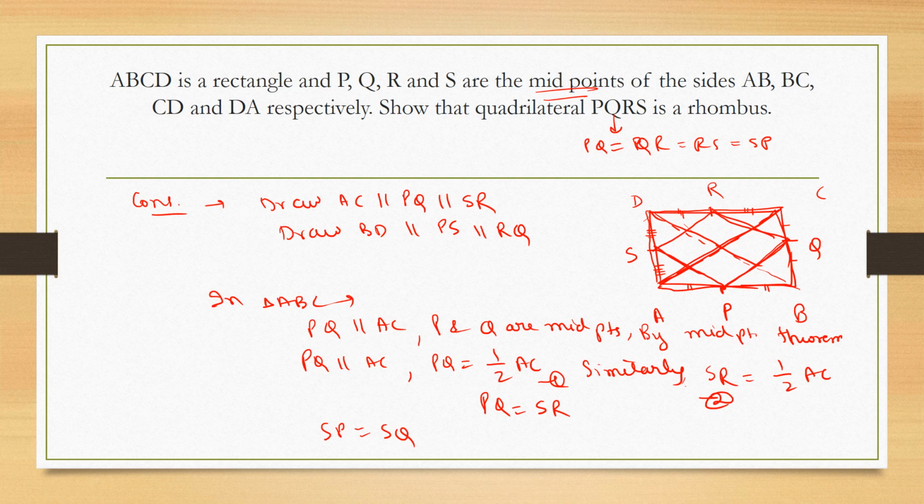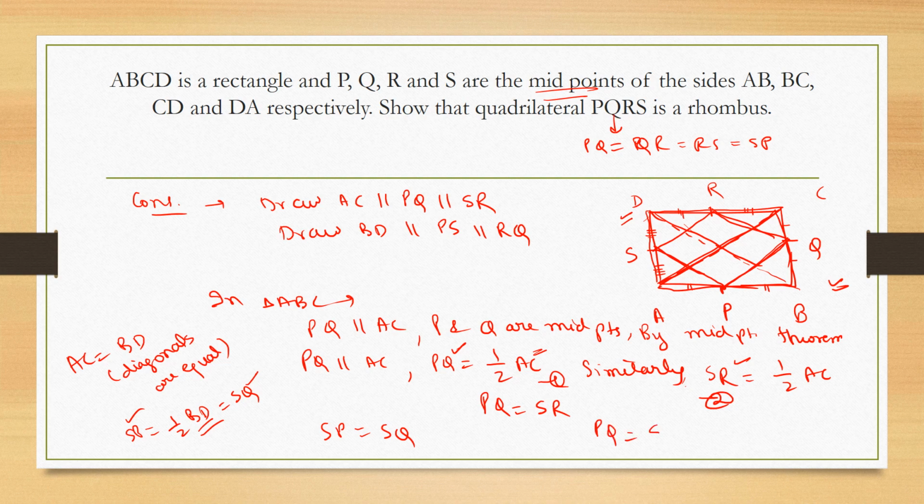But do you know, because the outside one is a rectangle, diagonals are equal in a rectangle. Diagonals of a rectangle are equal. So that means if I'm saying SP is half BD, so as SQ, but BD and AC are equal, so PQ, SQ, SP, SR all become equal, right?